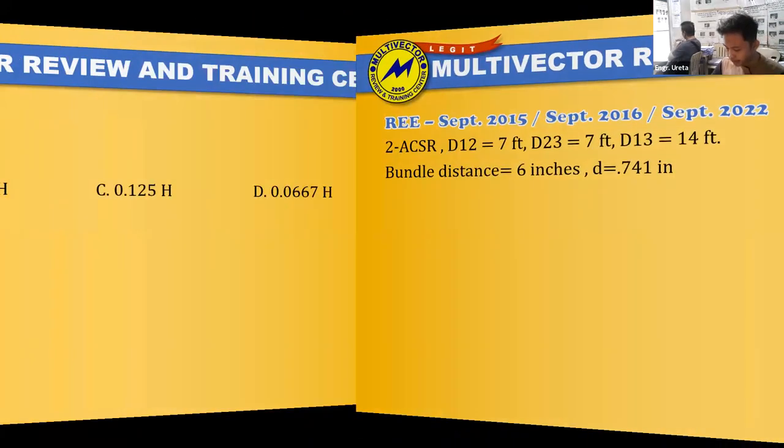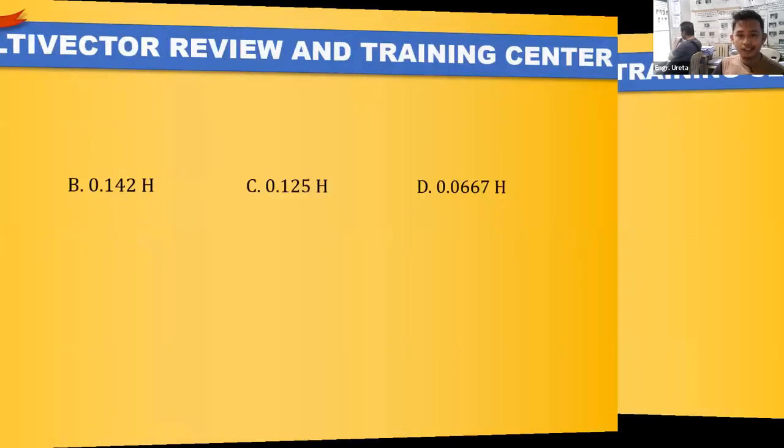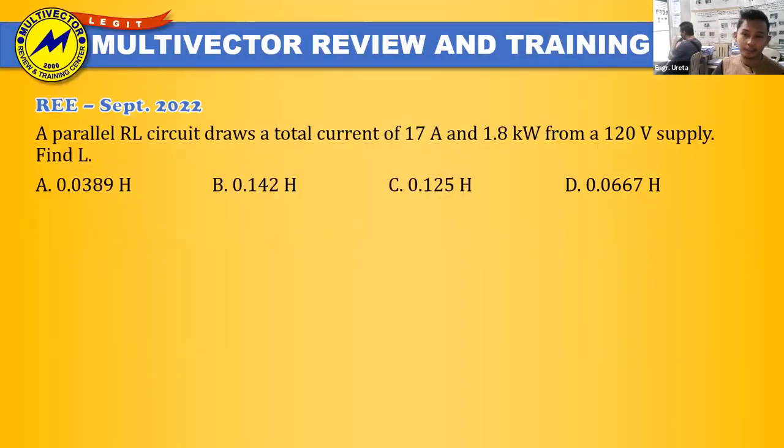So lumabas ng September 2022. A parallel RL circuit draws a total current of 17 amps. Drawing na lang din natin, RL.